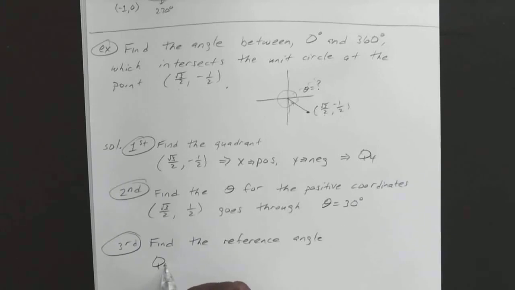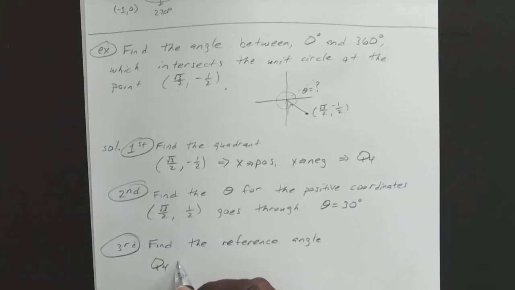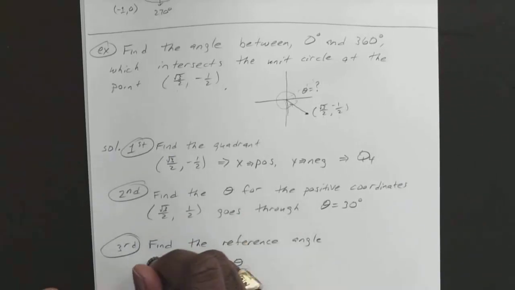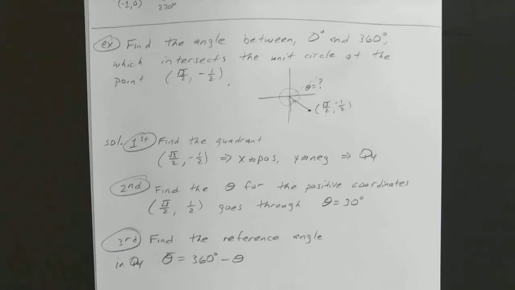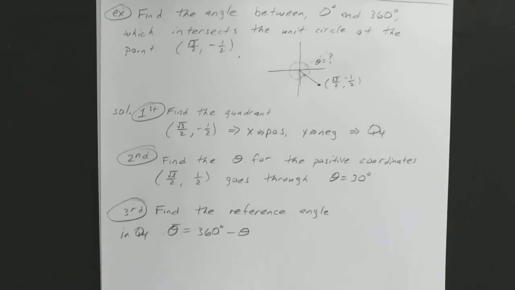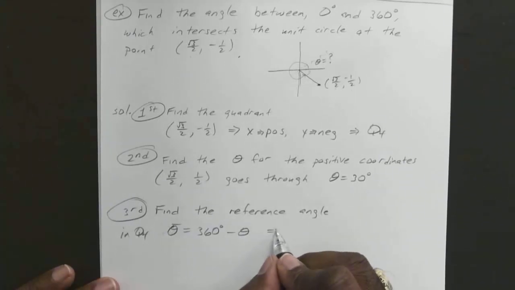Okay, so in Q4, that would actually give us between there. So Q4 is equal to 360 degrees minus theta. Our reference angle in Q4. So it's 360 minus 30 degrees.